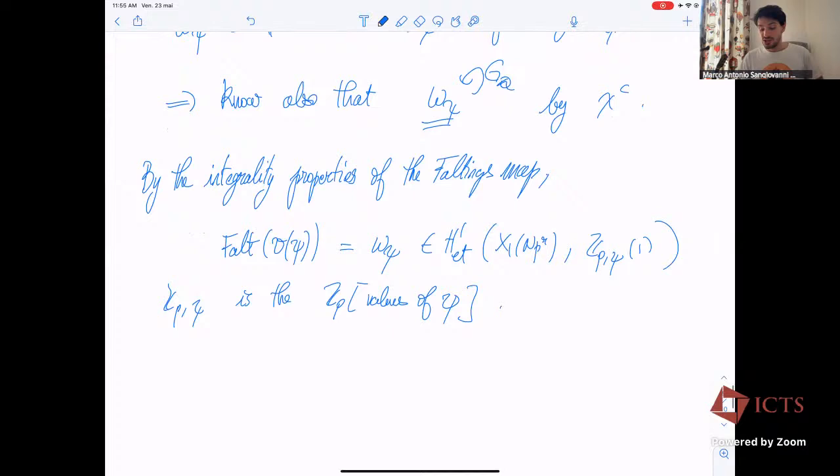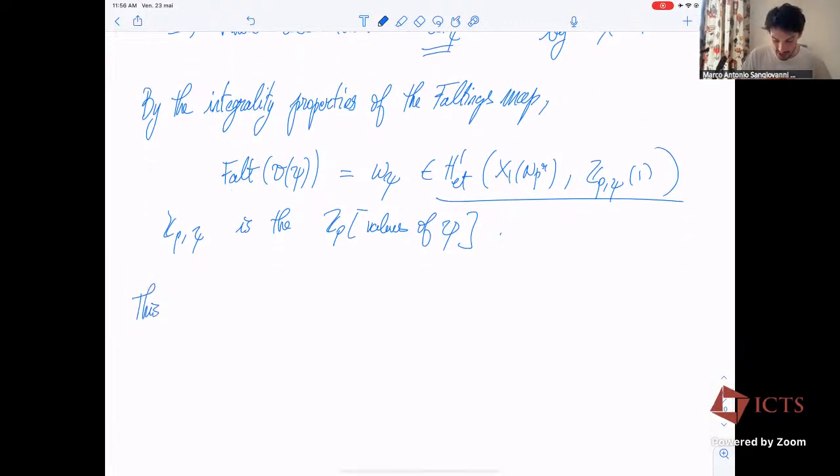Okay, so this gives us the construction that I promised of the canonical theta classes. So the Faltings map, which comes from coherent cohomology, allows you to normalize certain canonical vectors in the étale cohomology of the modular curves.